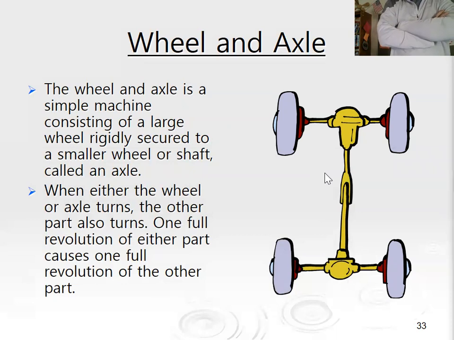Because we know this, if I take something, let's look at this bottle right here, which is a wheel and axle, there's my wheel right here, the fat part, and there's my axle. And then let's take this thing right here. I'm going to turn each one of these things one time. Let me make a mark on the top so I can see it.